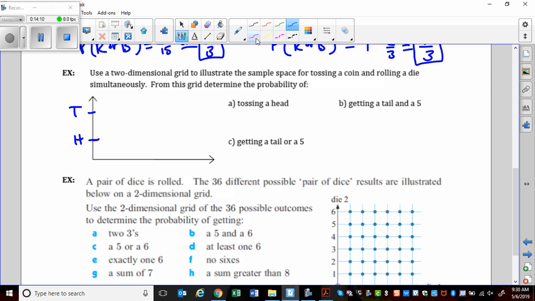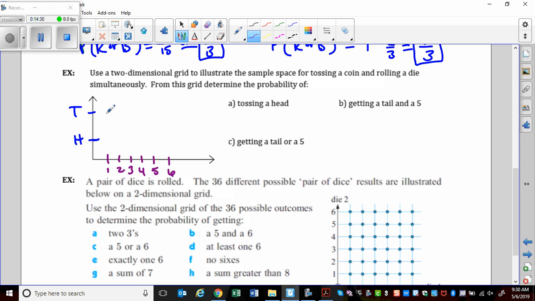But if we're rolling a die, we can get 1, 2, 3, 4, 5, or 6. And these are all of the outcomes.